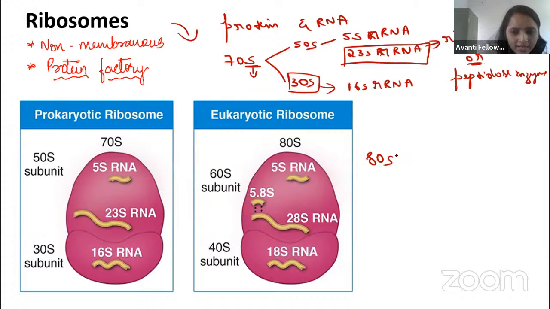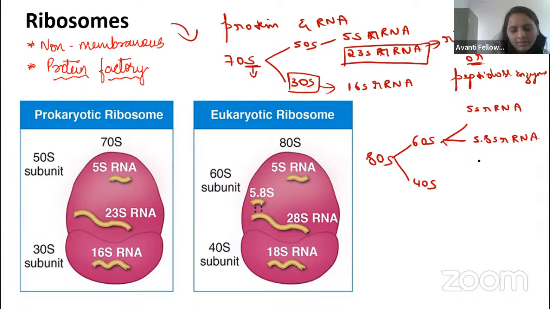Then coming to the 80S ribosome, it is divided into the 60S and 40S, right guys? The 60S, that is the larger subunit, has 3 rRNAs: 5S rRNA, 5.8S rRNA, and 28S rRNA.